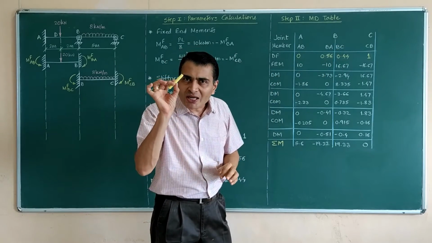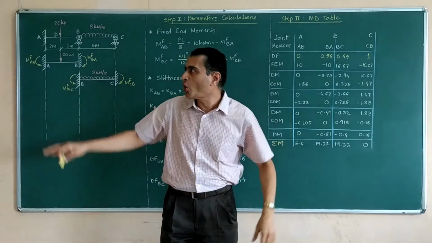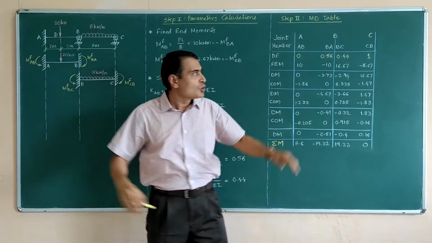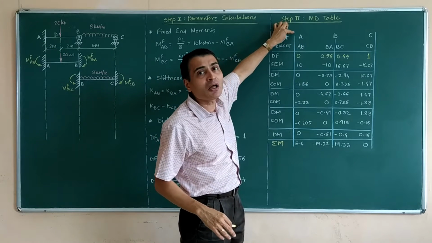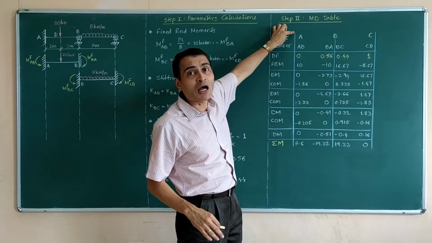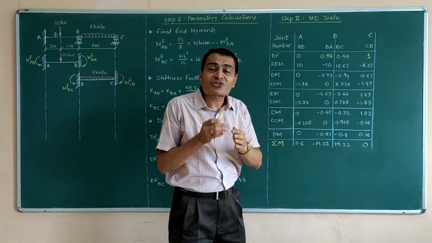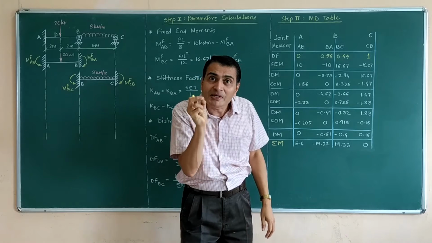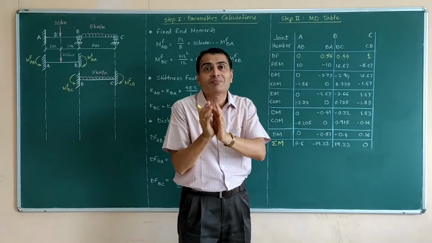See the way even those lines are drawn. On the left of A, there is just a rigid wall, as you are observing here. So my vertical line has gone on the left of A above. This second vertical line I have started from my alphabet B, exactly below B, because I am going to have BA and BC.